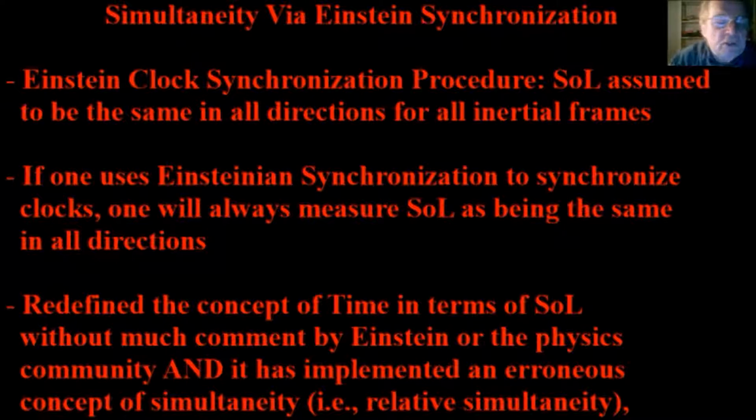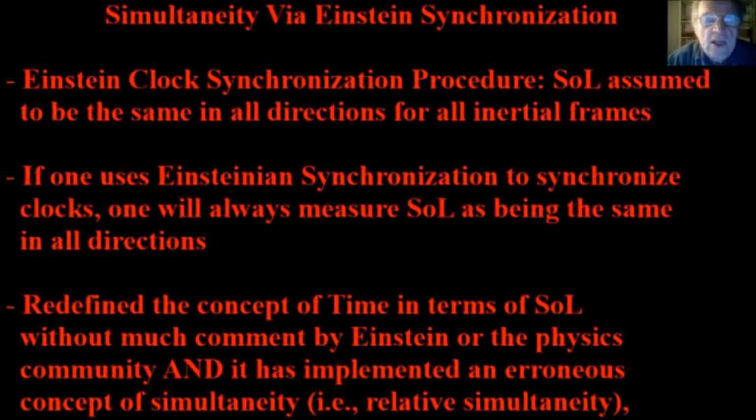Okay, if you're using special relativity, then all your clocks need to be synchronized by the Einstein clock synchronization procedure. In fact, if you've used that procedure and you're in one inertial frame, and then you go to another inertial frame, either the clocks in that new inertial frame have to already have been synchronized by the Einstein clock synchronization procedure, or if you're carrying all your clocks with you, you have to resynchronize them in terms of that Einstein procedure.